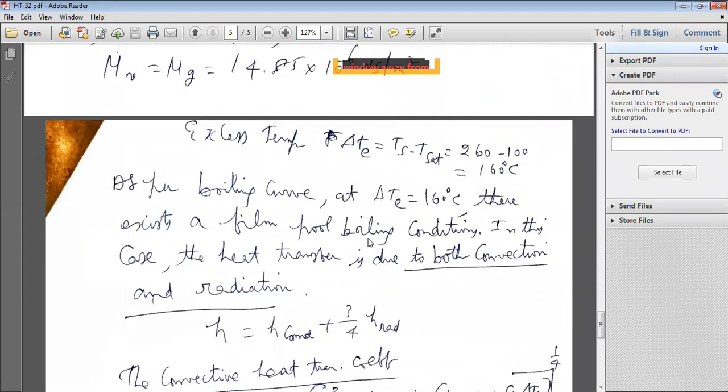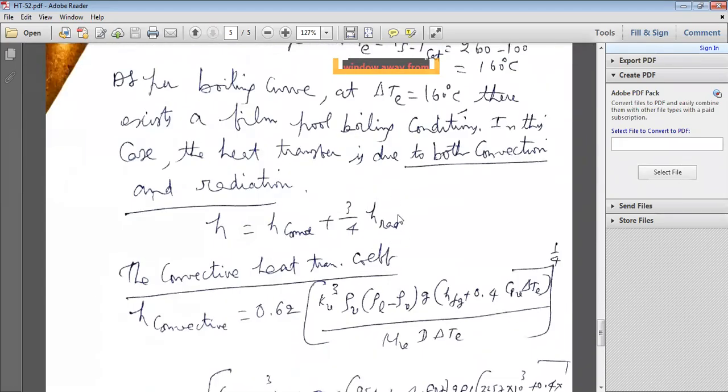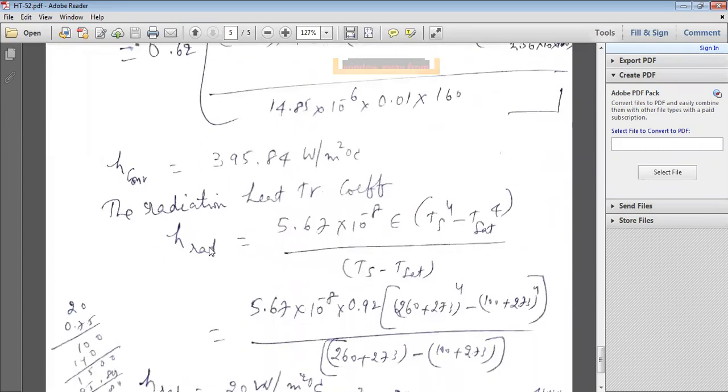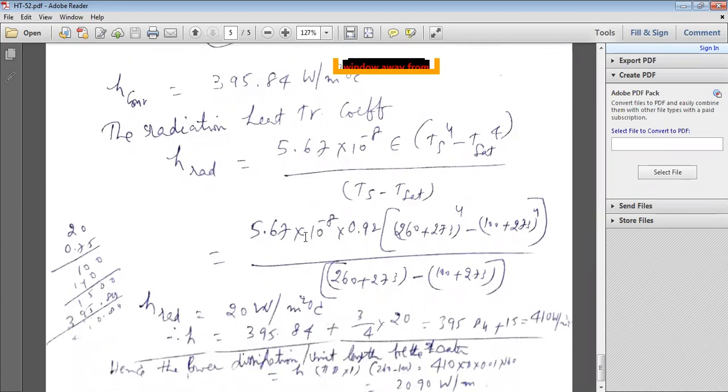Similarly, you have to calculate H radiation also, the heat transfer coefficient due to radiation. How do you calculate it? I gave the formula in the last class: 5.67 into 10 power minus 8 into epsilon, emissivity, into Ts to the power 4 minus T saturation to the power 4, divided by Ts minus T saturation. So 5.67 into 10 power minus 8 into emissivity 0.92 into surface temperature 260 plus 273.